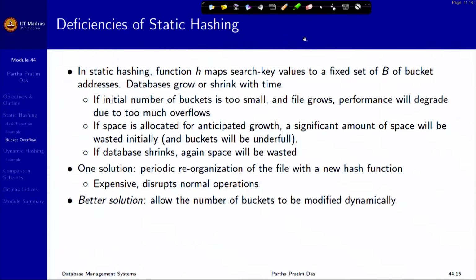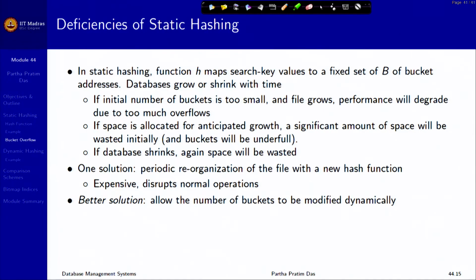So, in summary, static hashing, which maps search key values to a fixed set of bucket addresses, becomes a problem, because once a bucket starts getting more and more records concentrated on it, you have to make that overflow chain. And also the database is a dynamic entity. Initially a database is small, so you need a small number of buckets.